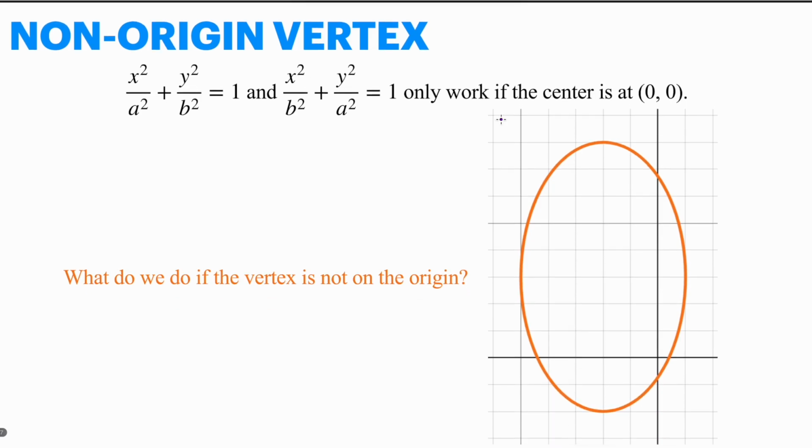Now, what happens if the ellipse is not on the origin? So in this case, it looks like this ellipse is centered about right there, which is at -2, 3. So to find the distance along the co-vertices and the vertices might be a little bit tougher.